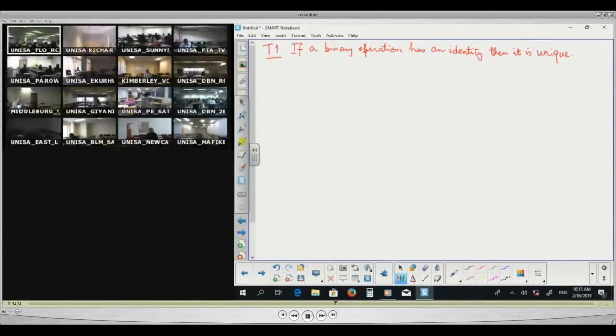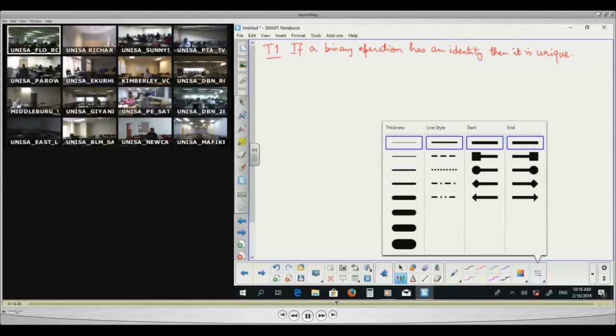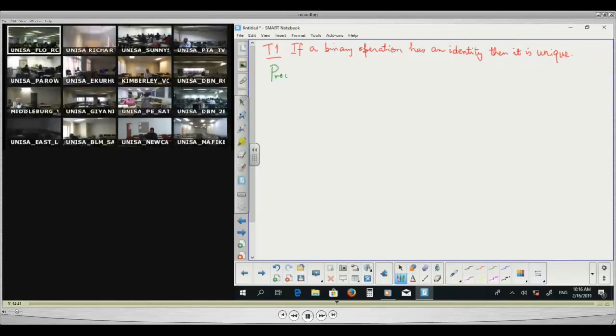And here is the proof. Let, if possible, E and E prime be two elements which are both identity elements for the binary operation.